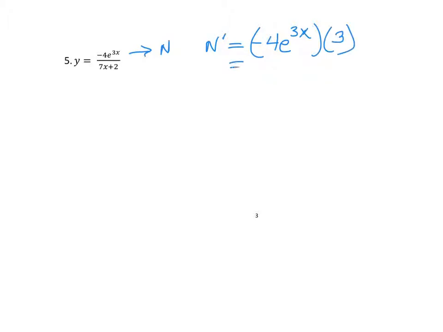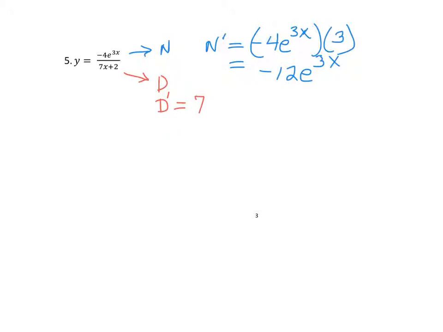So the derivative of your numerator is negative 12e to the 3x. The derivative of your denominator, since your denominator is just 7x plus 2, is just 7 plus 0, or 7.